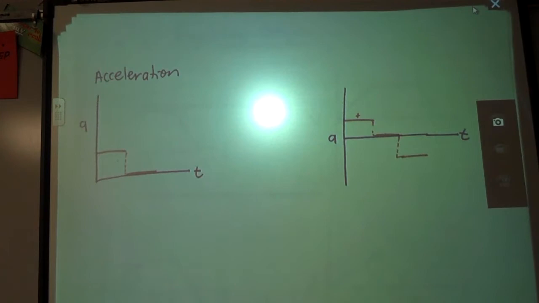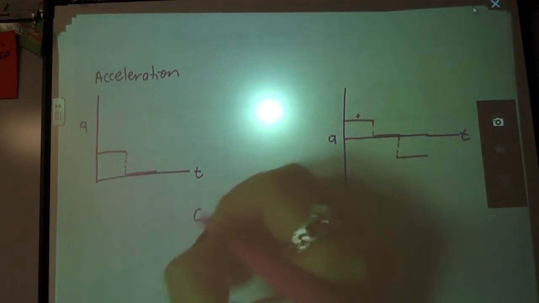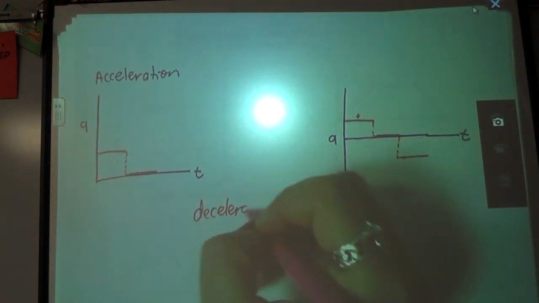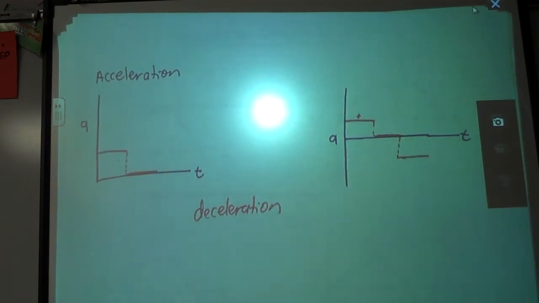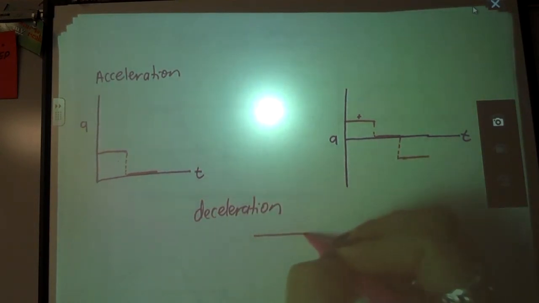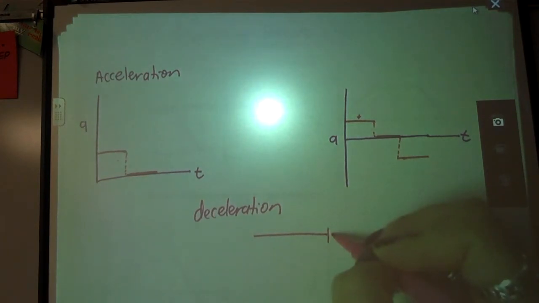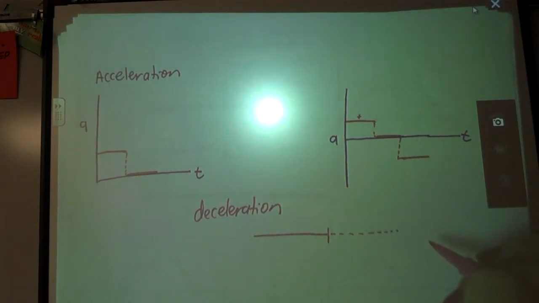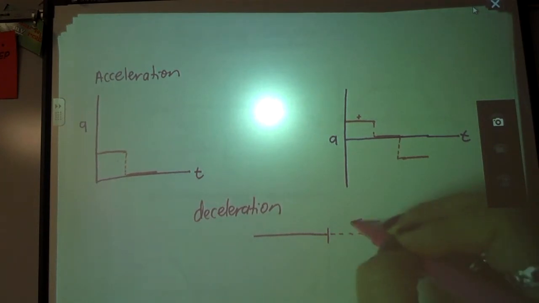However, here's where things get tricky. The word deceleration is tricky. Deceleration, in common vernacular, means to be slowing down. To be slowing down is truthfully to accelerate in the opposite direction. So if your car is going along and then he slows down, technically that means that there is a force acting in the opposite direction.